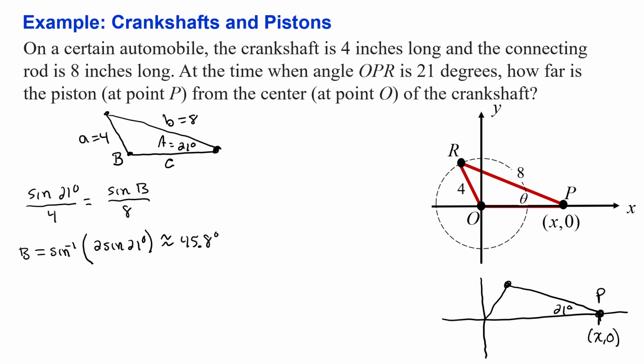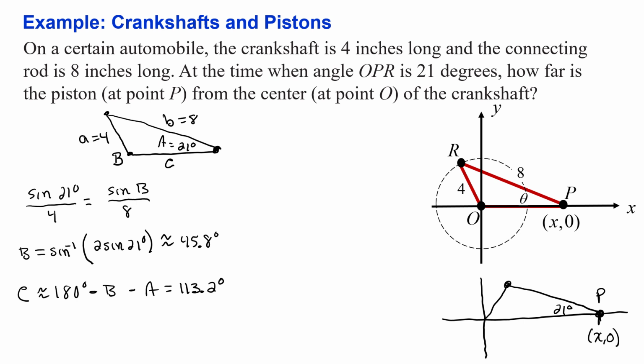So now let's find side C. We need to calculate angle C first. Angle C is approximately 180 degrees minus angle B minus angle A, and that's 113.2 degrees. Finally, we can use the law of sines to find side C using angle C we just found. Angle A equals 21 degrees and side A equals 4.